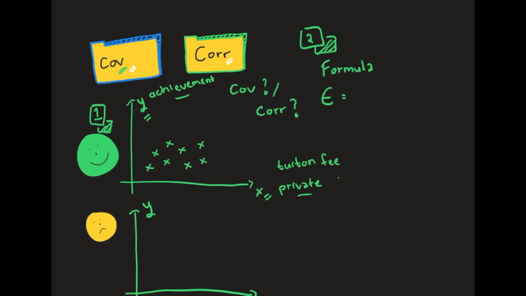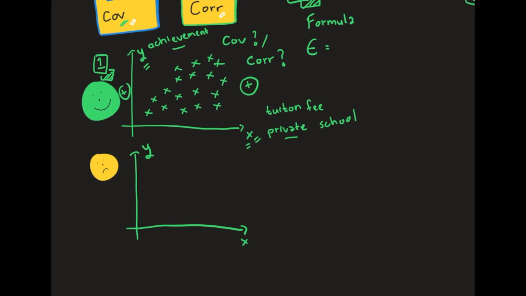If the tuition is higher, usually the achievement of the school is also higher. So if x goes bigger, y also gets bigger. There is a positive relationship, so I give the sign of someone smiling. The other one is the negative relationship.